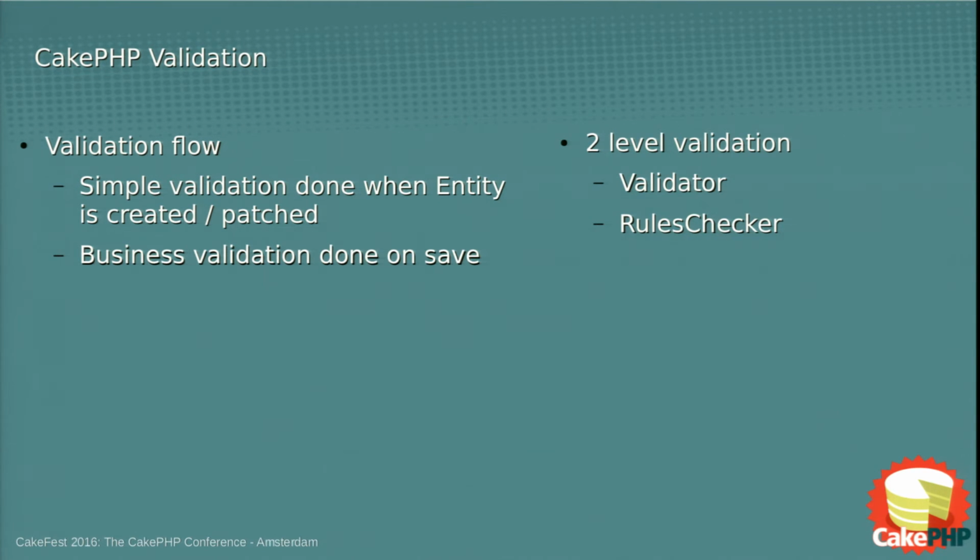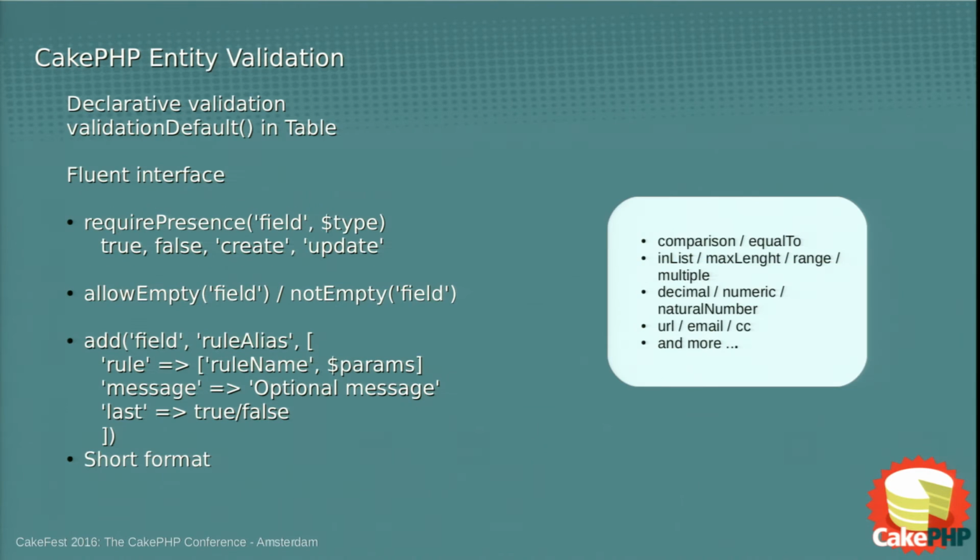Okay? But keep in mind, you will be checking validation twice: once for the entity or set of entities, and another for the validation rules or business rules on the save operation. So let's talk about the default validation, or the entity validation. We can use all those functions: requirePresence, allowEmpty, notEmpty, add, and also the short format we have available.